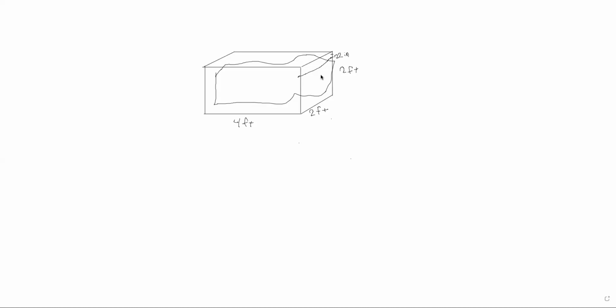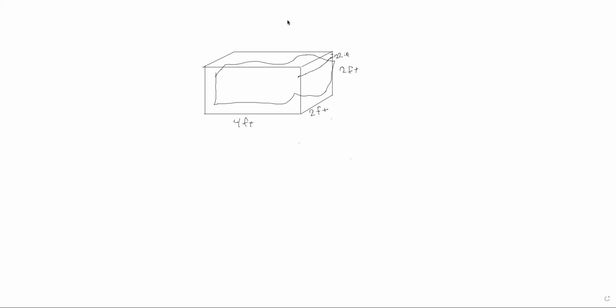So we need special formulas to help us figure out what that would be. So total fluid force actually depends on something called fluid pressure. And fluid pressure depends on the weight density of whatever compound we're dealing with. So every fluid has a really specific weight density.